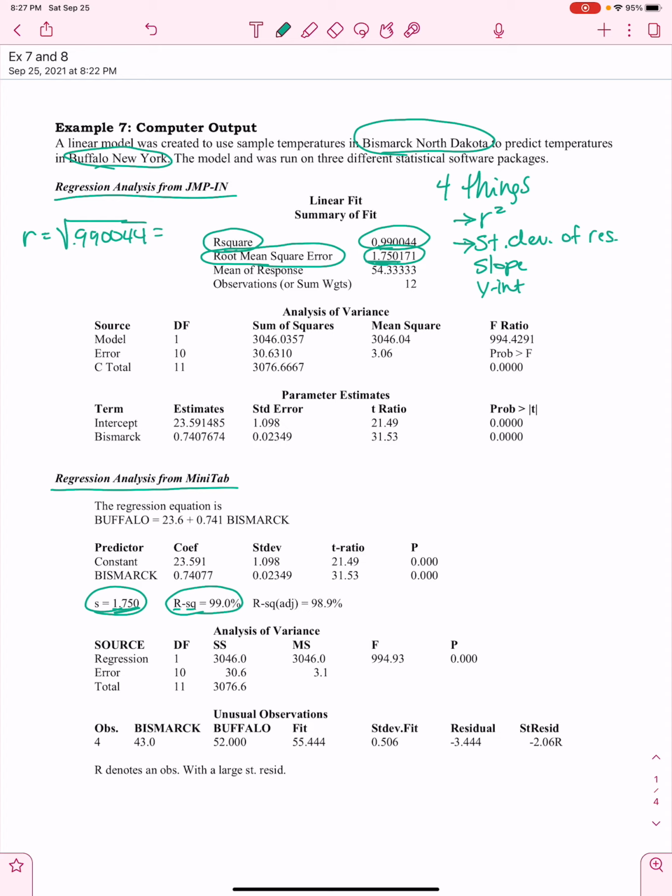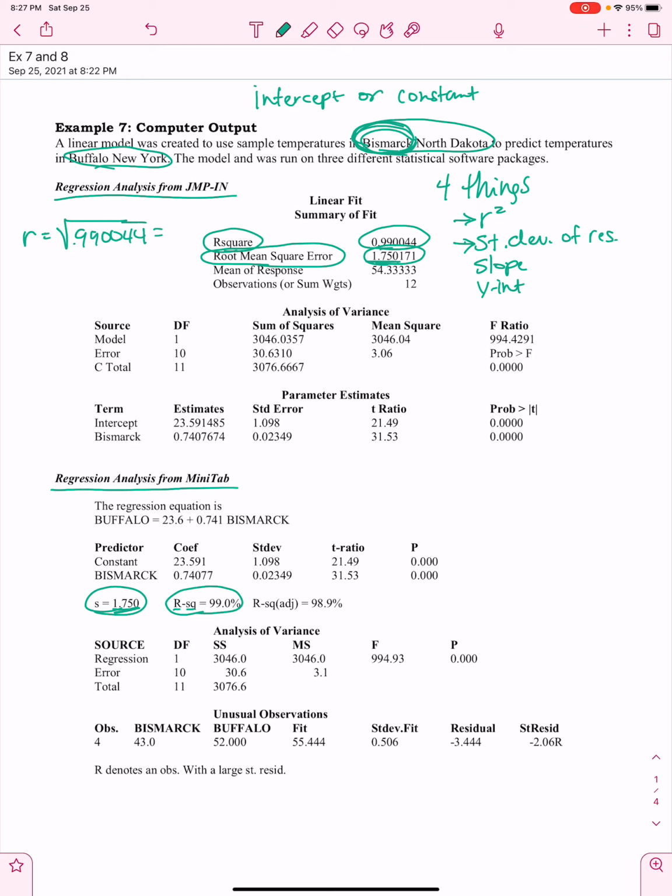All right, the other things we're interested in are slope and y-intercept. Now, to find these, you're looking for 2 words. You're looking for your explanatory variable, and you're looking for the word either intercept or constant for your y-intercept.